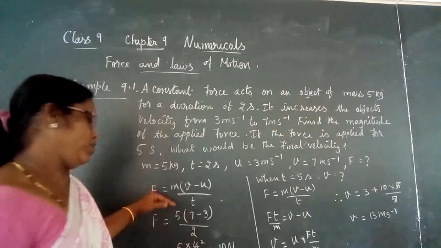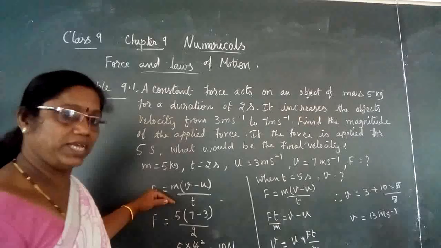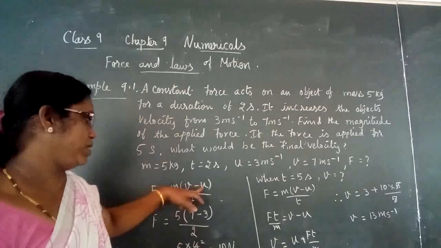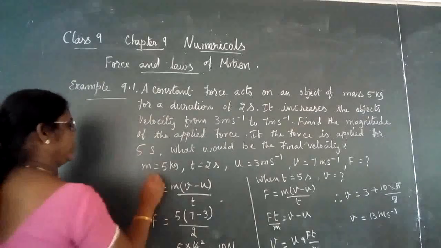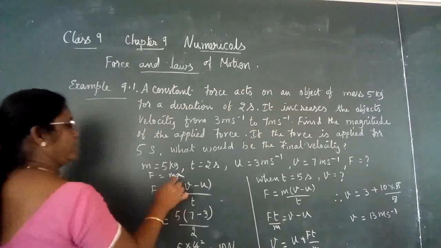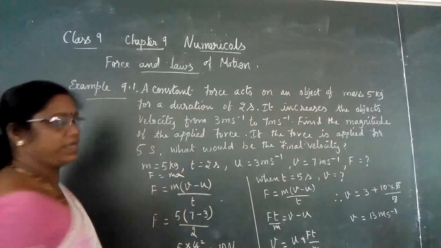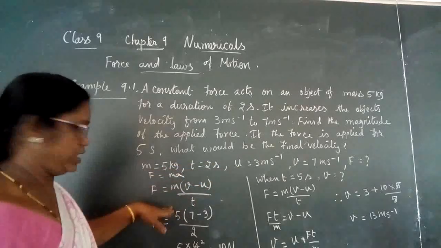Here, what is force? It is mass into acceleration. And what is acceleration? It is v minus u divided by t. So F is equal to ma. What is a? v minus u divided by t. So let me substitute these values here.